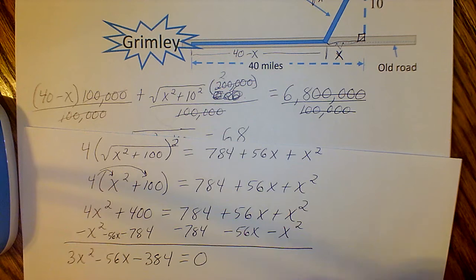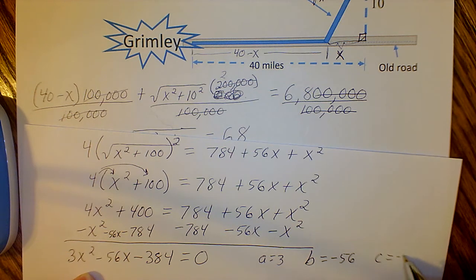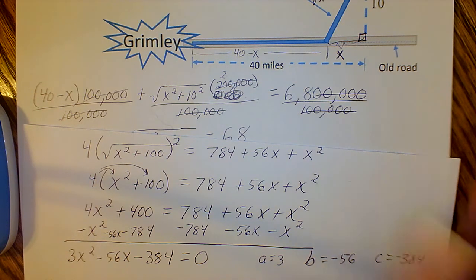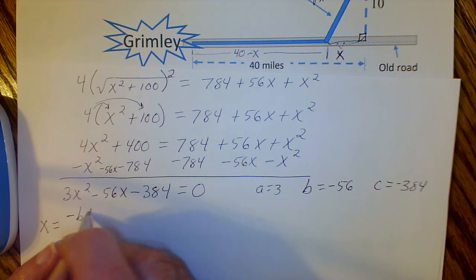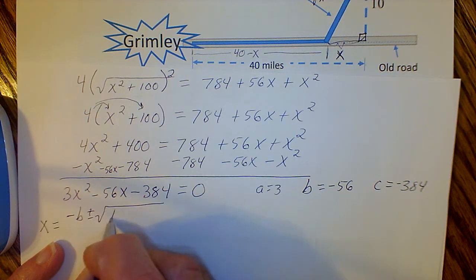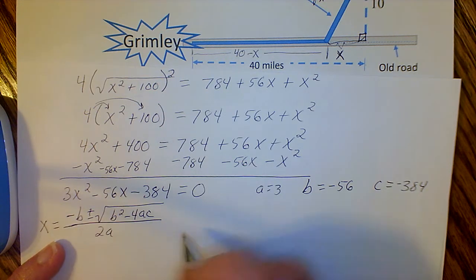X is going to be equal to, so our A is going to be a 3, our B is going to be a negative 56, and our C is a negative 384. Alright, so we're going to plug that into negative b plus or minus the square root of b squared minus 4ac all over 2a.